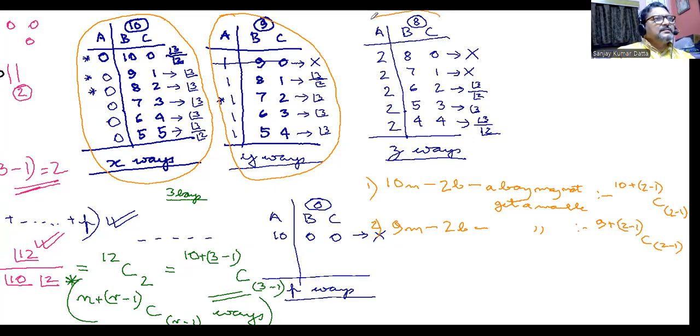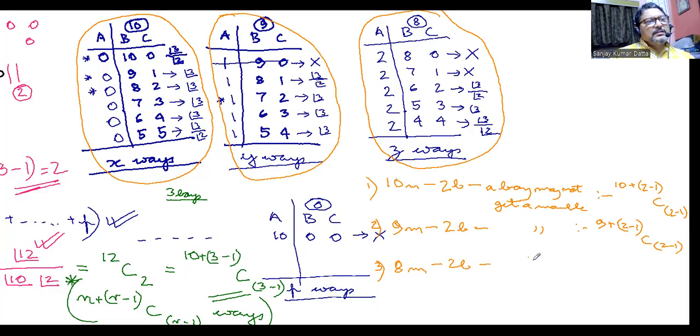What happened in this third case? Mind it, they are the solution of a completely different sum. But look at what we have done unknowingly at that point of time. We have distributed 8 marbles among 2 boys, so that a boy may not get a marble. And the result is 8 plus 2 minus 1 C 2 minus 1.